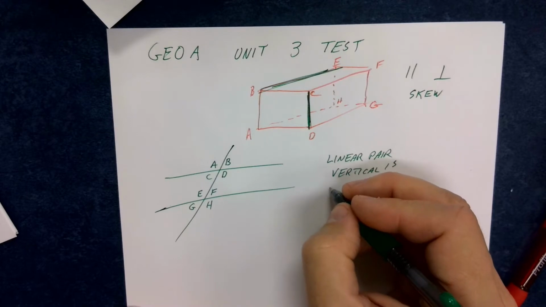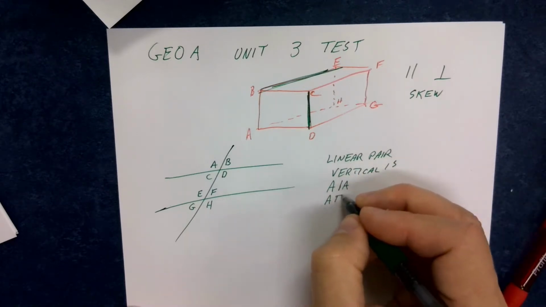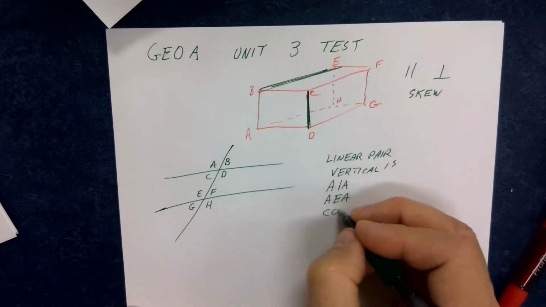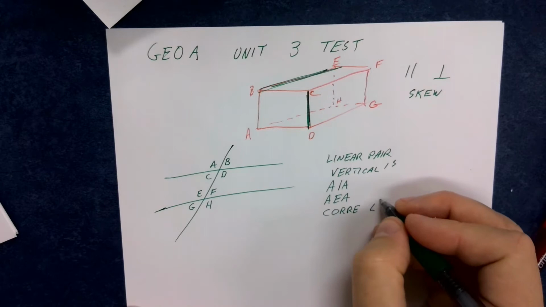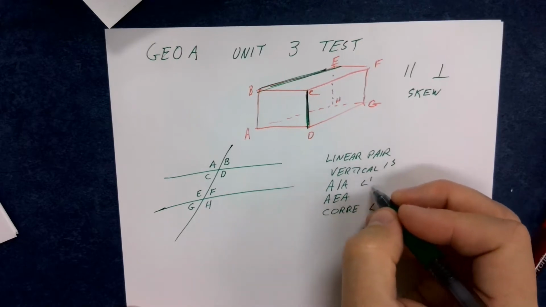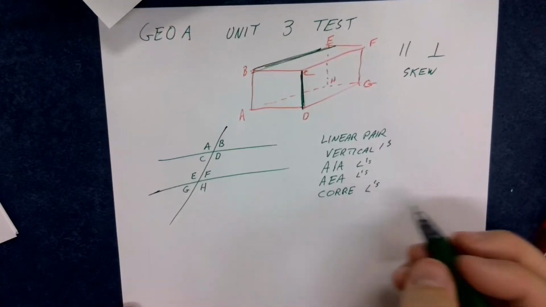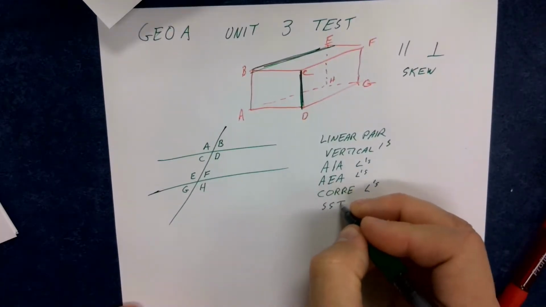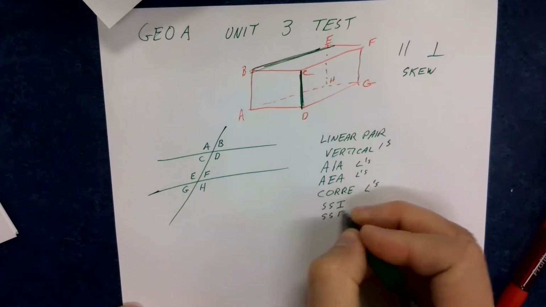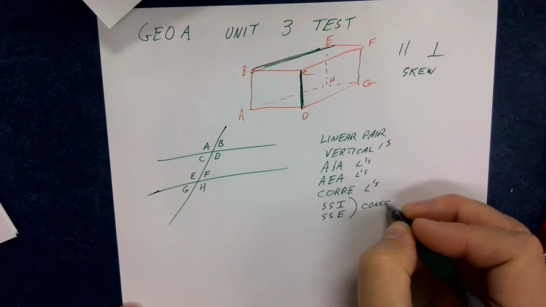Know what alternate interior angles are, alternate exterior angles are, corresponding angles, for all of those, and what the relationships are. Same side interiors or same side exteriors. Again, the book calls them consecutive.